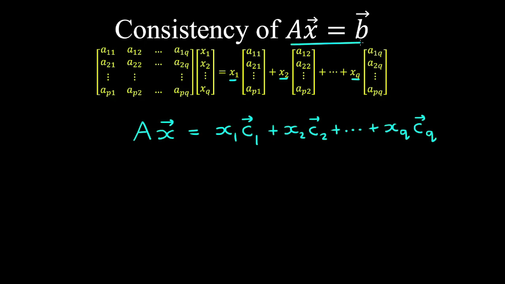So therefore this linear system can be written as Ax is equal to the linear combination of the column vectors, which is equal to the vector b on the right hand side.